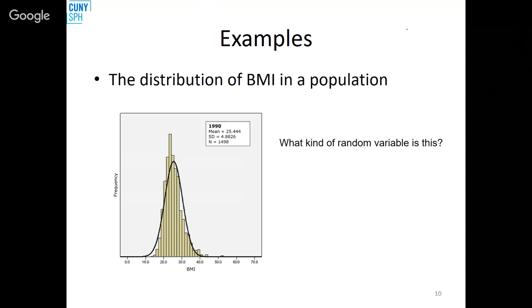And as I talked about when we were talking about types of data before, I said measurements are always discrete, but as long as they're fine enough, it doesn't really matter.